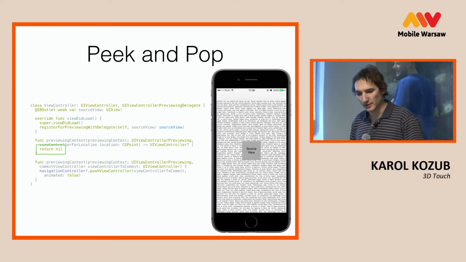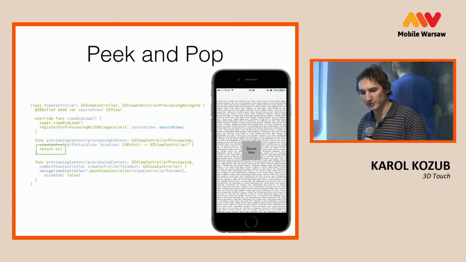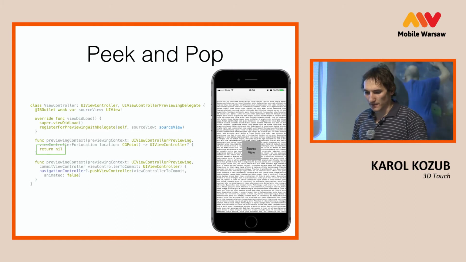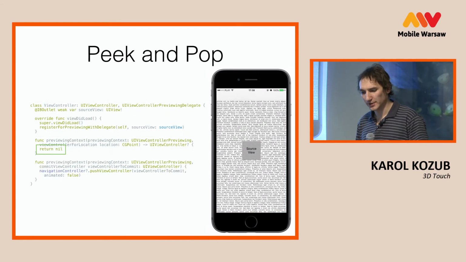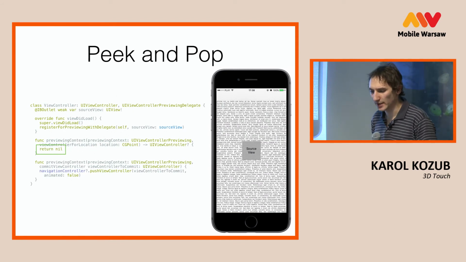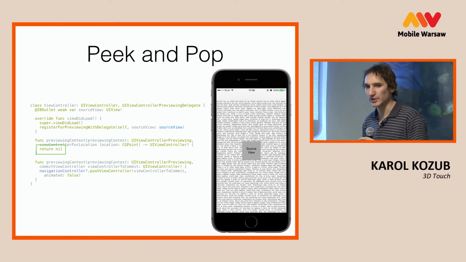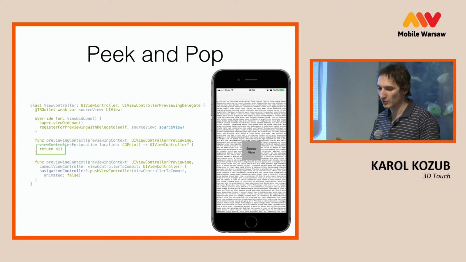Apart from that, we can return nil from the view controller for location, and this just disables previewing in this case. So both of these things, the ability to set the source rect and the ability to just return nil, allow us to do many interesting things, like, for example, in a text view, we could have some paragraphs that are previewable, and if you press anywhere on the text view that isn't a paragraph or isn't interesting or doesn't have a preview, we would return nil.